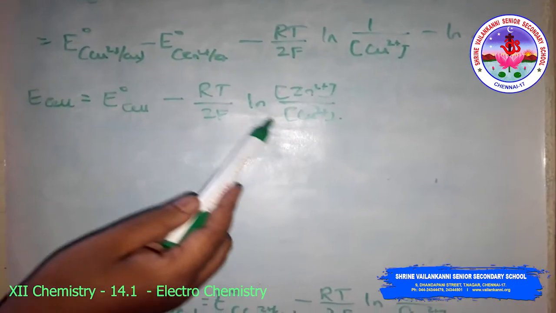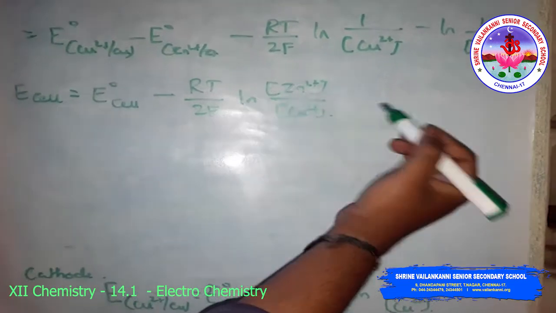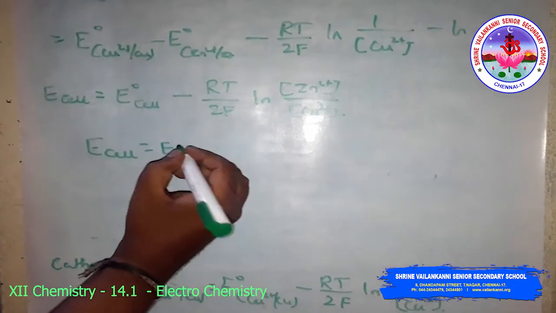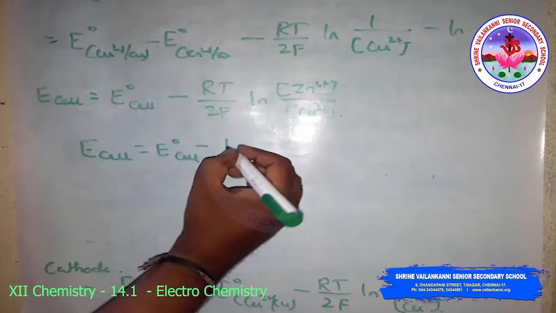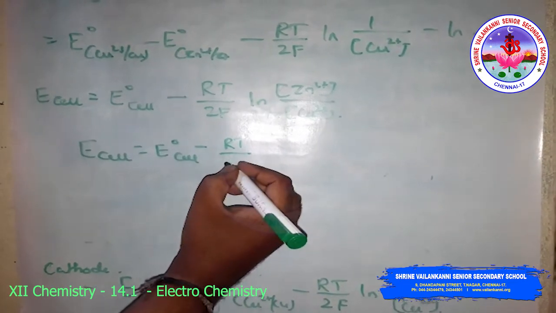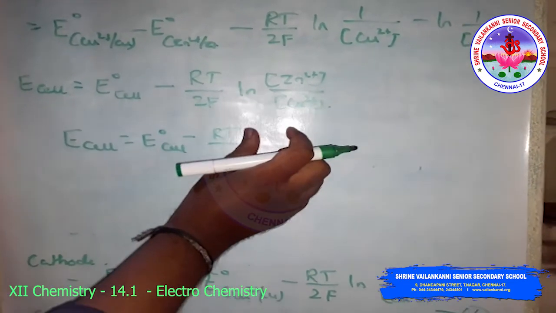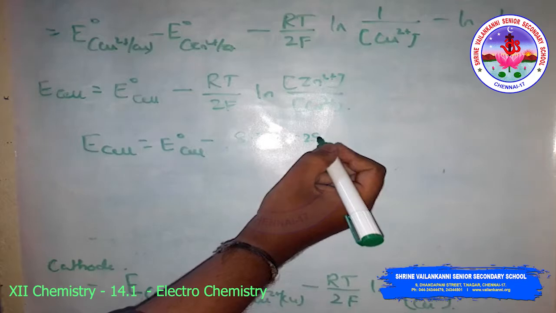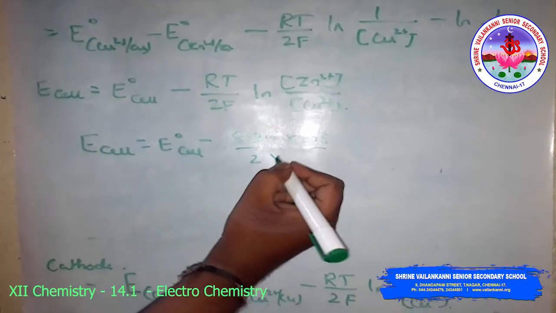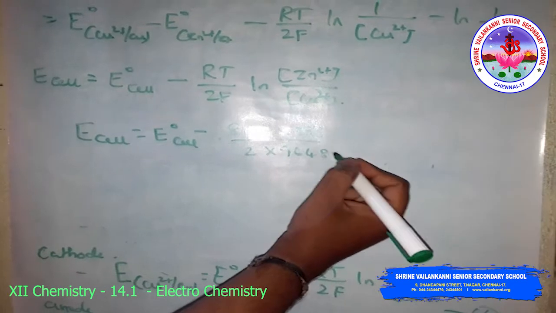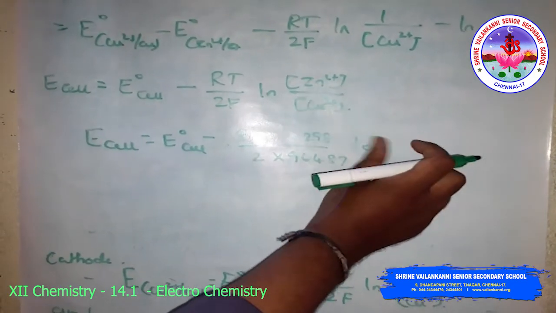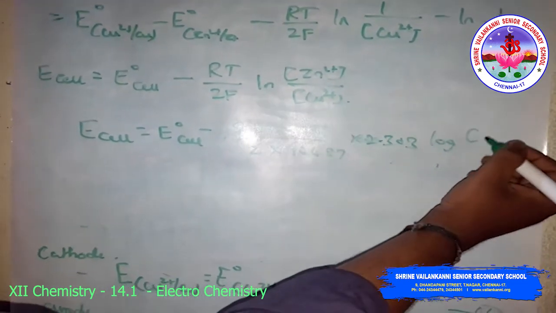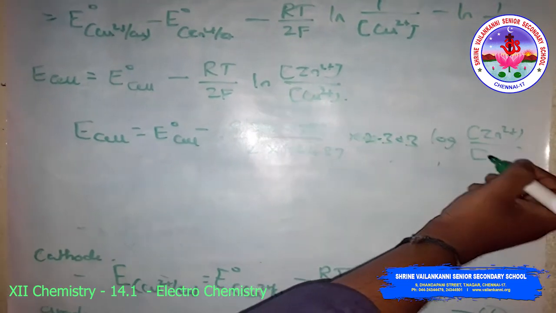Converting natural logarithms to log, this equation can be written as E cell is equal to E naught cell minus RT divided by 2F. Substitute the R value. R value is 8.314 into 298 divided by 2 into 96,487 into 2.303 log of [Zn2+] divided by [Cu2+].